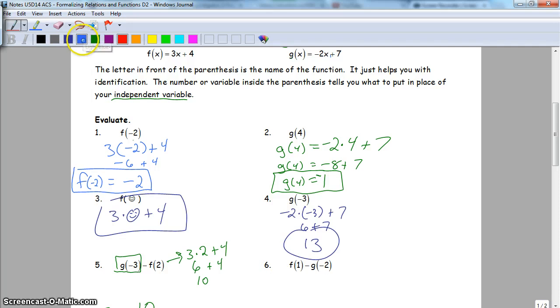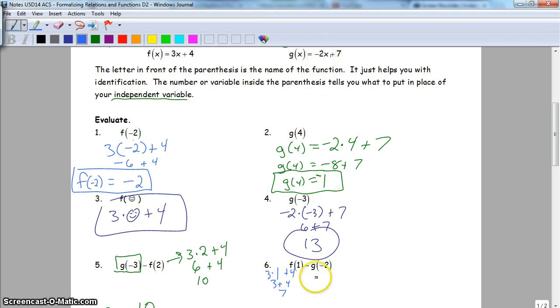All right, hopefully for f of 1 you got 3 times 1 plus 4. So it's going to be 3 plus 4, which is 7. So f of 1 is 7. Then g of -2.